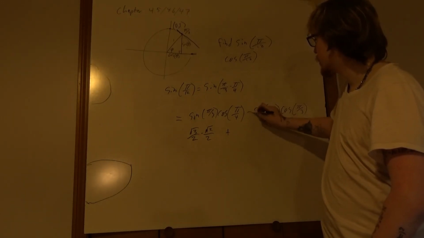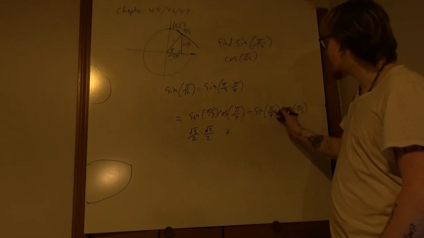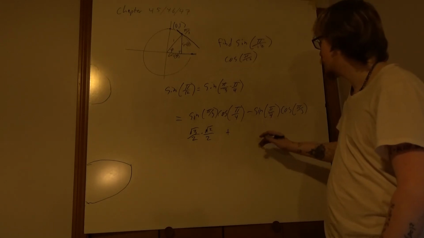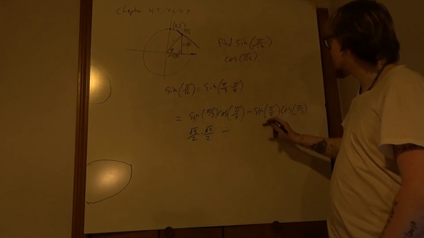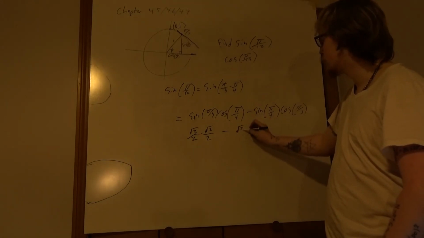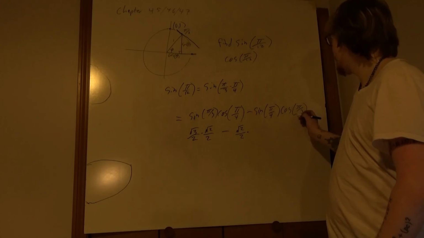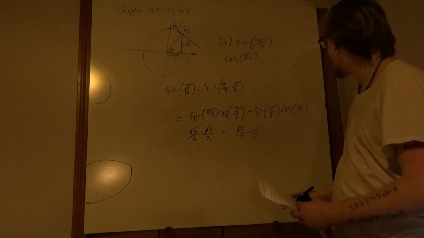So we can essentially just turn that into a minus sign, because the negative pi over 4 in here comes out into a negative 1 times the whole thing. So we get that this is now subtraction, and the sine of pi over 4 is root 2 over 2, and the cosine of pi over 3 is 1/2.